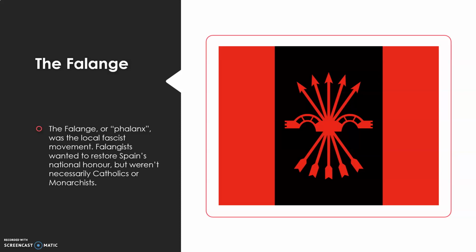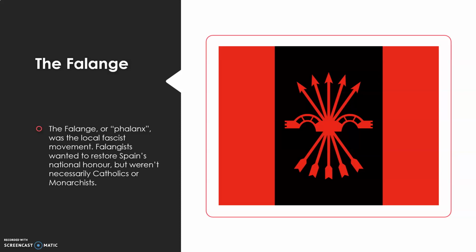Now, the Phalange is the fascist movement. You're familiar with the fascists of Italy and the Nazi Party of Germany. This was the local equivalent. Fascism is big about, let's say, unity, singularity of purpose, and the appeal to tradition, but not always for traditional ends.